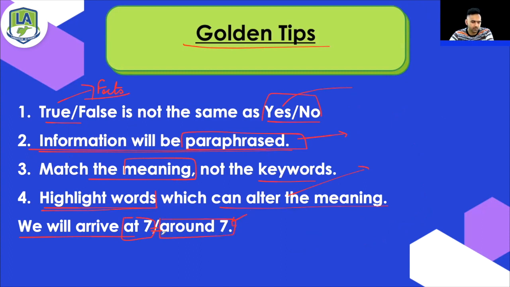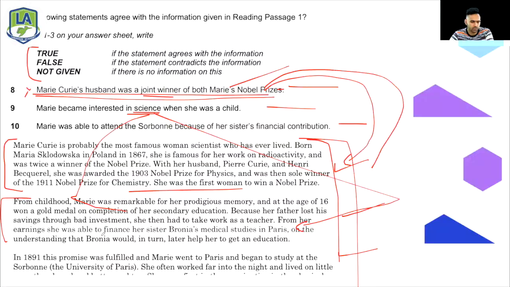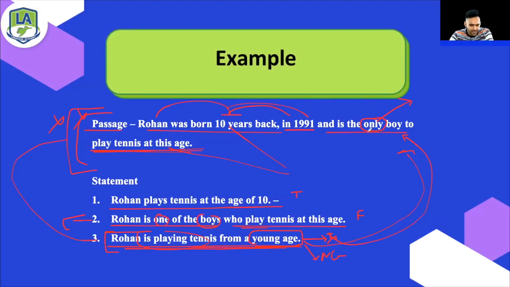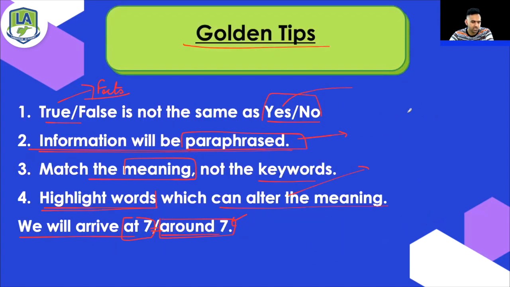So if you get words like around or almost or all, try to highlight those. For example, if I say Rohan is one of the boys who play tennis and Rohan is the only boy who plays tennis, these two statements are completely different. So you need to make sure you highlight words which can completely change the message.